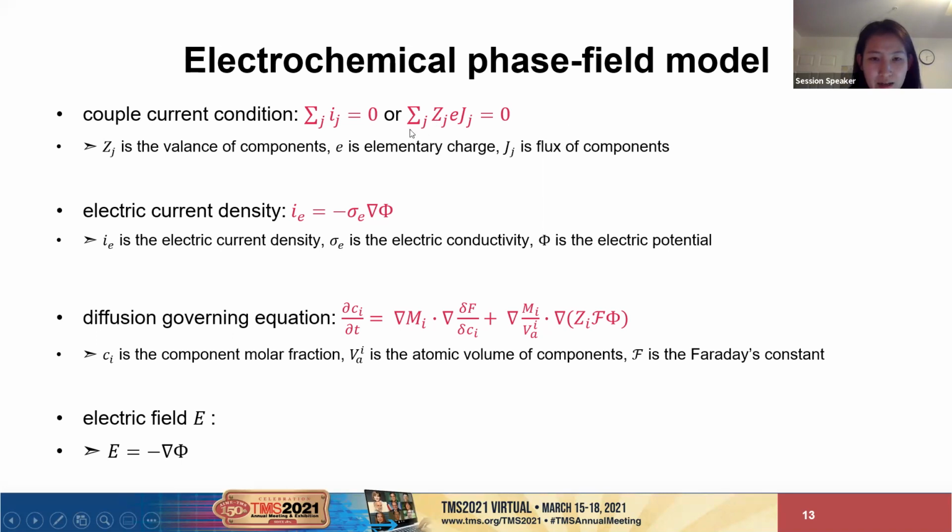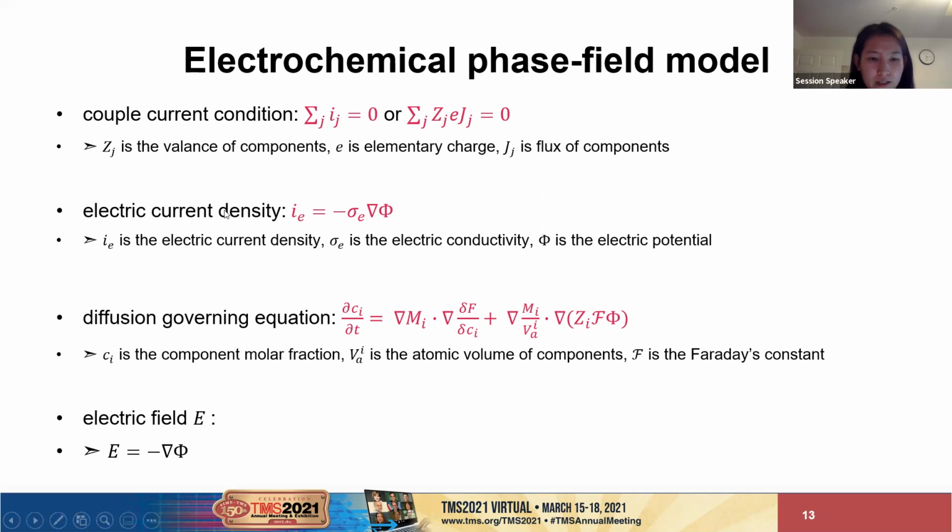It can also be written in another form here, where Z is the valence of the components and J is the flux of the components. Another assumption we made is electron neutrality, which means we assume there is no space charge, because we don't want to use a very high resolution to simulate the space charge separation, as that would exceed our mesoscale.